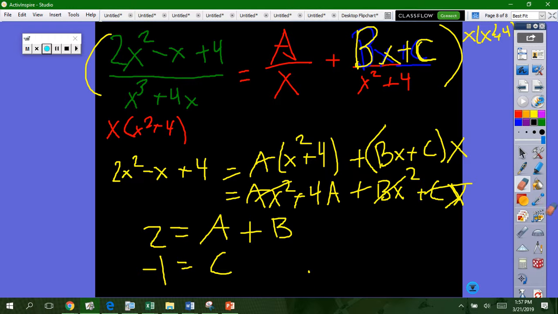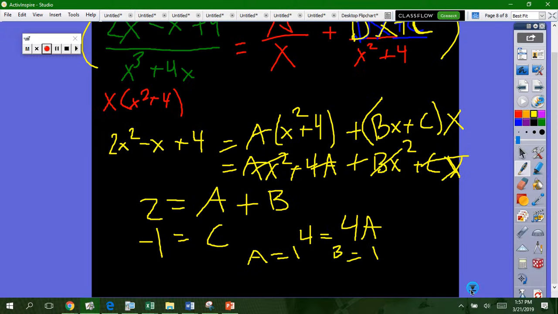I know that 4 equals who? 4a. Now, like you said, a does equal 1, right? So if a equals 1, what does b equal as well? 1 plus what gives me 2? b is also equal to 1. So that's a pretty easy one, huh? Yeah, it's the bx plus c.